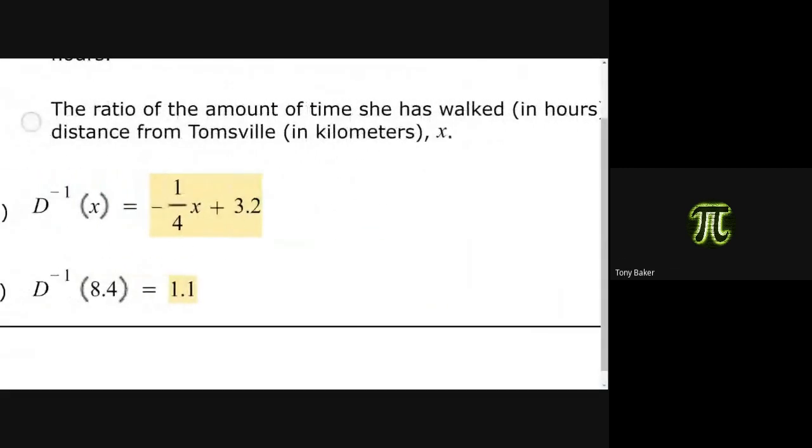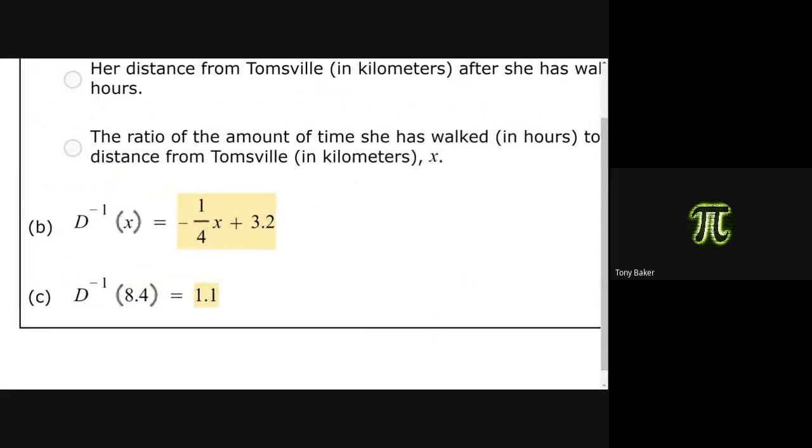So you should have gotten negative 1/4 x plus 3.2. If you put 0.1 or 0.25, that's fine. And then the answer is 1.1 is the final.